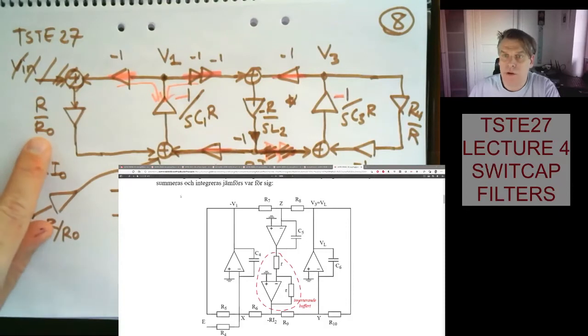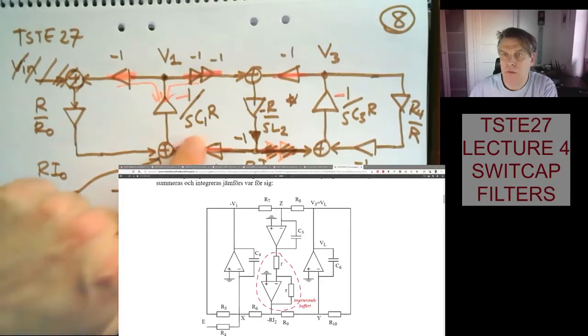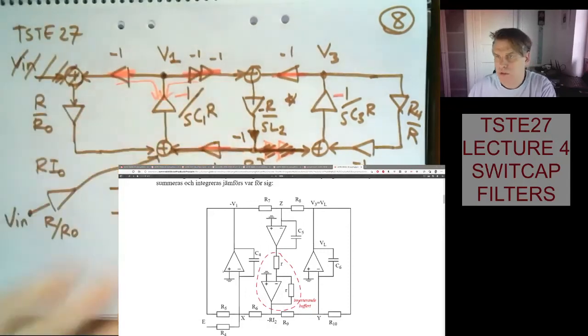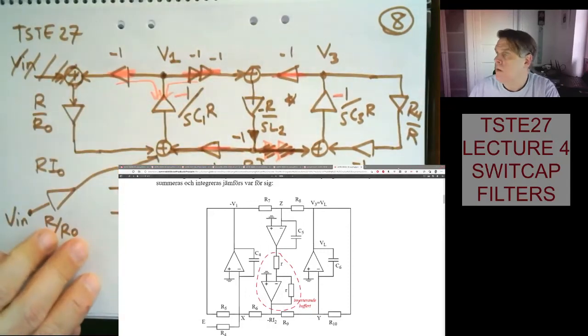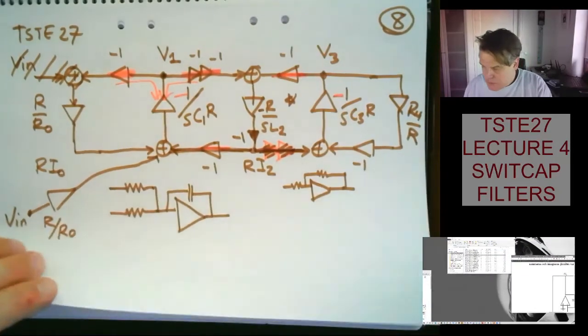So R divided by R naught is implemented by this R5 down in the corner. And also the insertion of the input voltage to the system is done through one additional resistor down to this additional node here, etc. So it's pretty straightforward, I would say. Okay, so let's look at how to get to SwitCap with this.